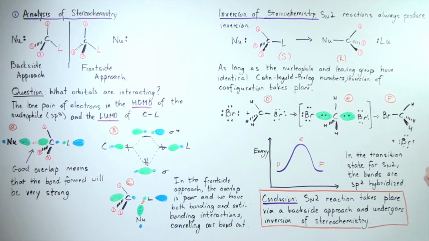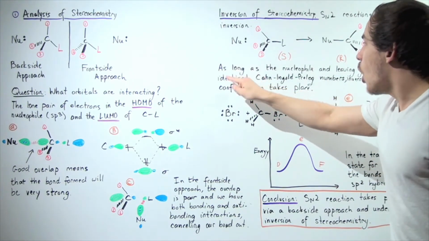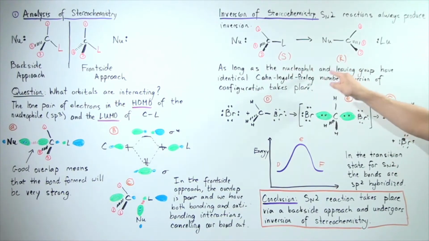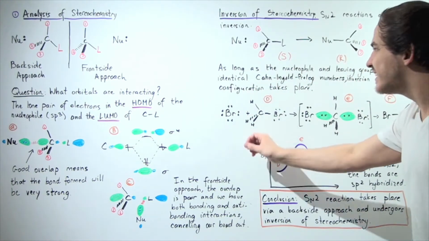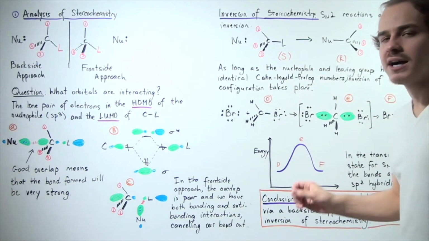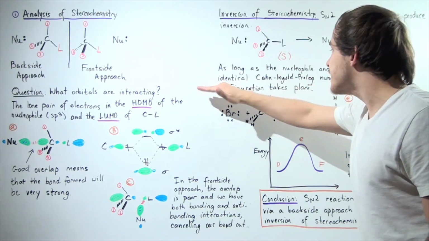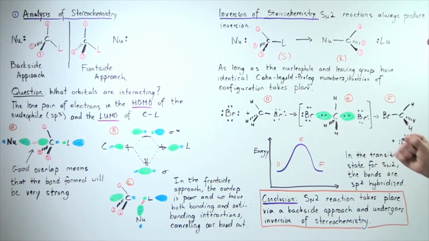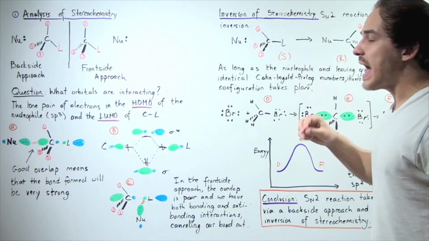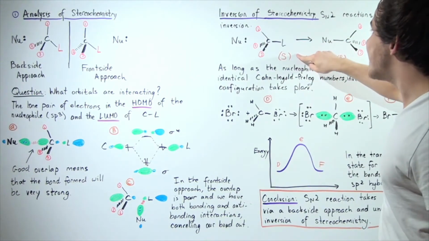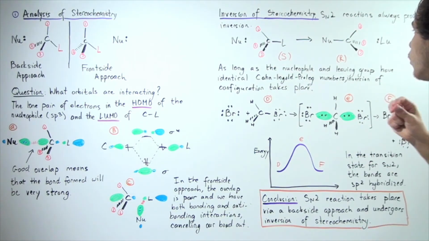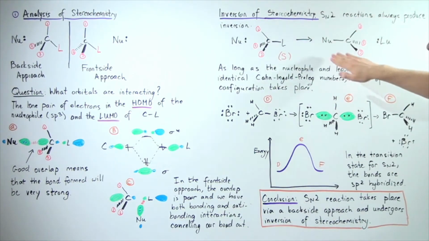Notice that our 1, 2, and 3 have been inverted to the other side, and they kicked off this leaving group. Now, as long as the nucleophile and the leaving group have identical Cahn-Ingold-Prelog priority numbers, inversion of configuration takes place. And that basically means if our absolute configuration is S on this enantiomer, it will be R on this enantiomer.